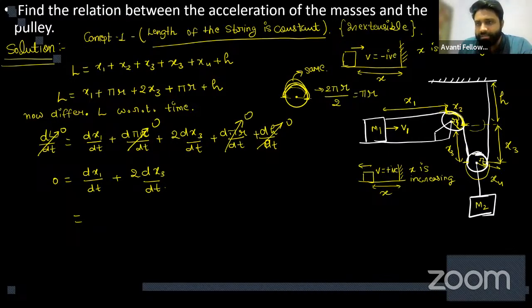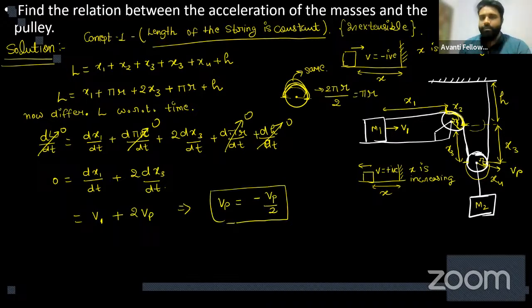Let's say it is vp. Got it? So dx1 by dt is nothing but the velocity of block 1 plus 2 times dx3 by dt, which is 2 times the velocity of the pulley. So from here we can say that the velocity of the pulley is nothing but minus of v1 by 2, which means the velocity of the pulley is in the downward direction. Okay, and it is constantly moving slower than m.